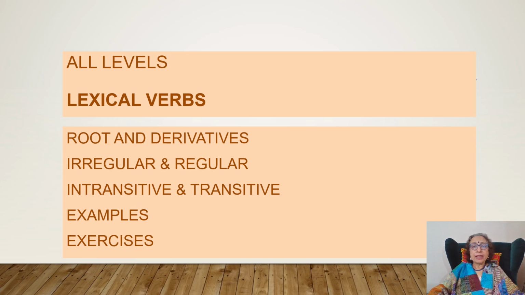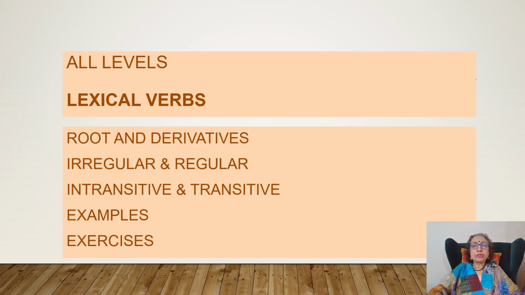So let us begin with lexical verbs or main verbs, different from auxiliary verbs or helping verbs. Now, in primary auxiliary verbs, I told you that they can do the function of a main verb and a helping verb. That we saw in the video which we have.